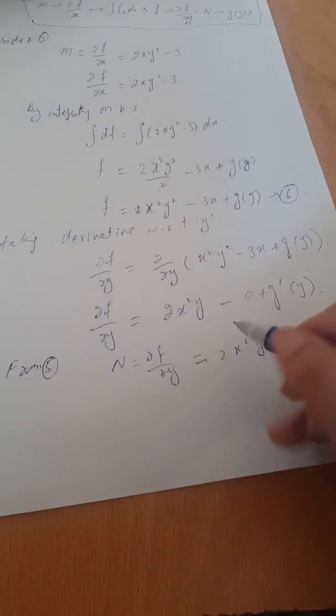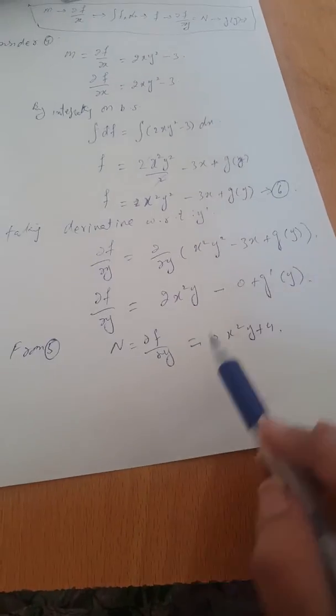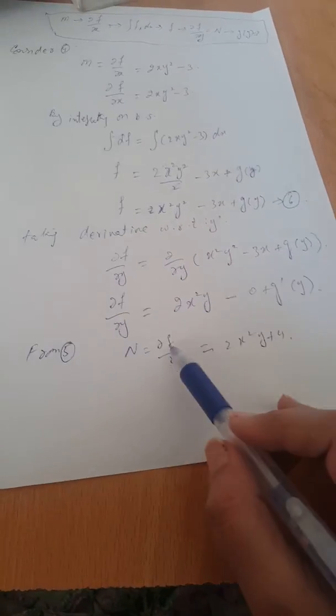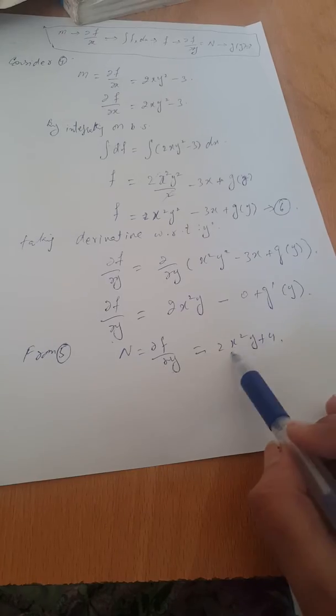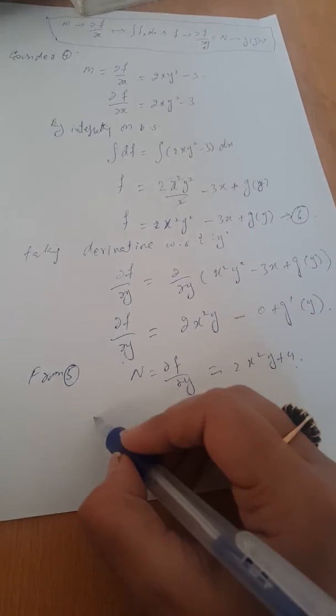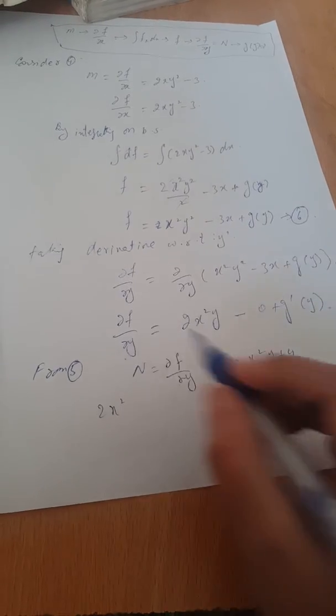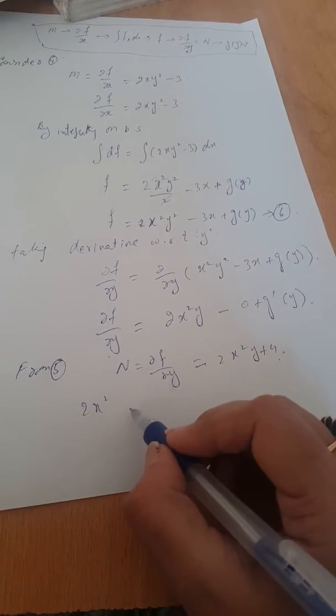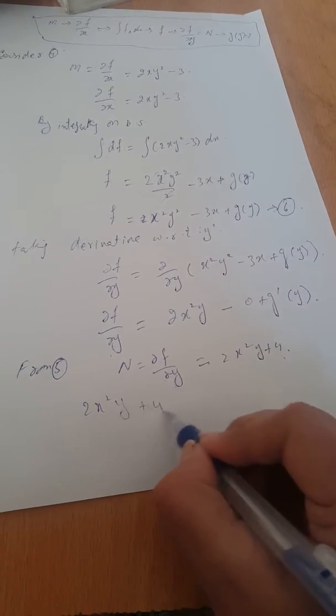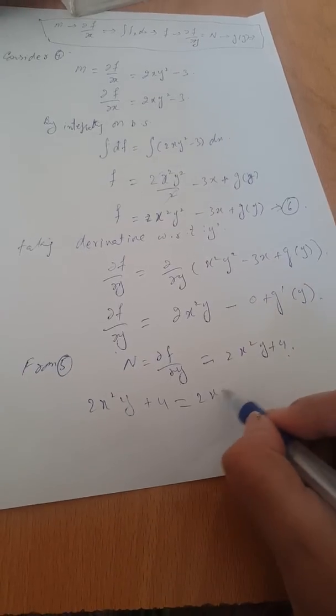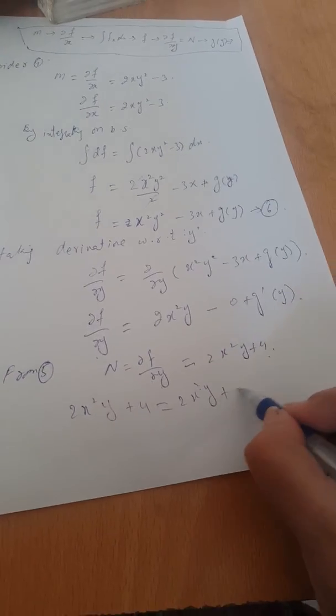Comparing these two equations, 2x square y plus 4 is equal to 2x square y plus g dash of y.